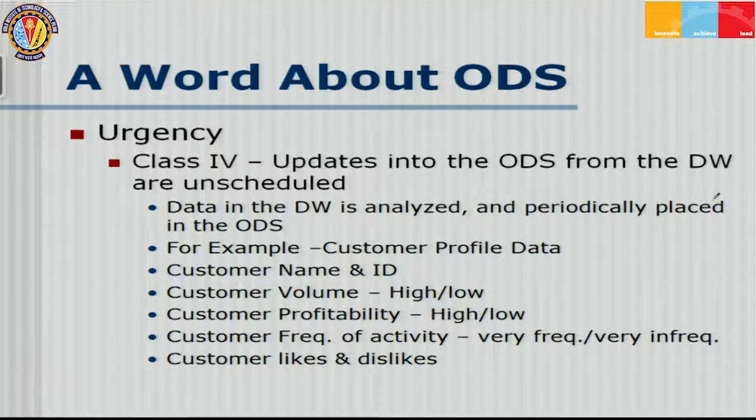That profile could contain customer name and ID, customer volume, customer profitability, which could be high or low, customer frequency of activity, very frequent, very infrequent, and customer likes and dislikes. This would typically be used by any portal that is selling products. So this is class 4, right? It is very different from class 1, class 2, class 3, and these class 1, class 2, class 3 are different in terms of urgency.